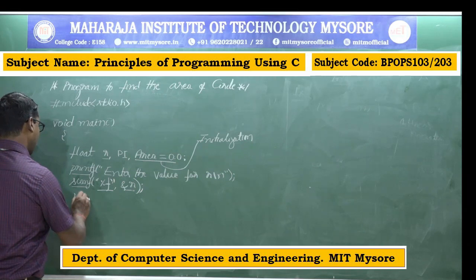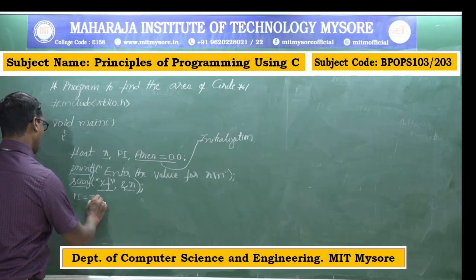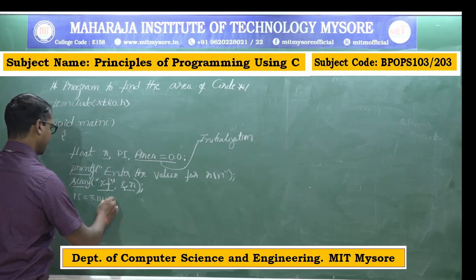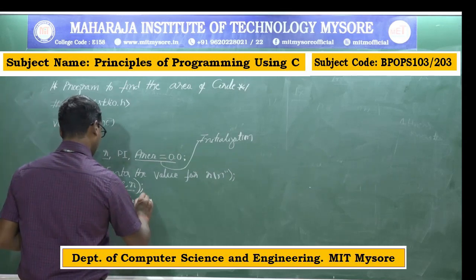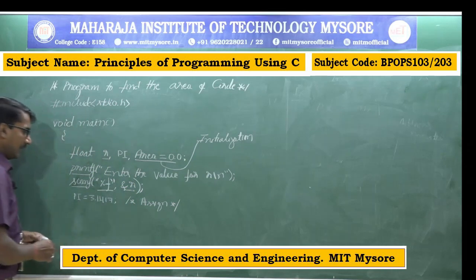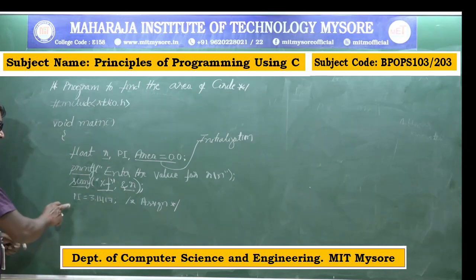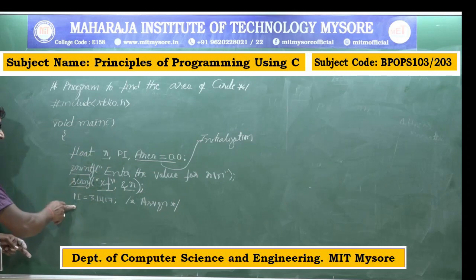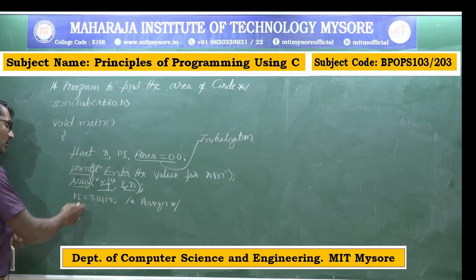Next is pi. pi is equal to 3.1417. Here I am assigning the value to the variable pi. So I have defined the variable earlier and am assigning the value after reading the value of the variable r.